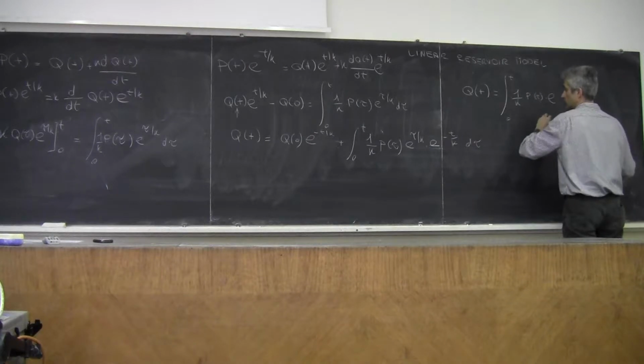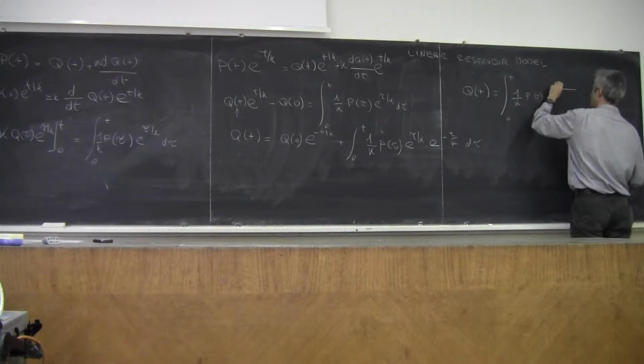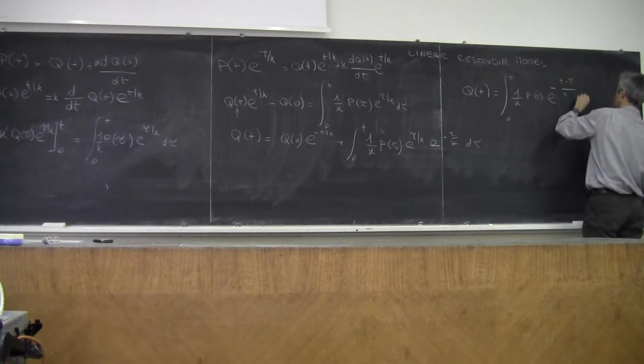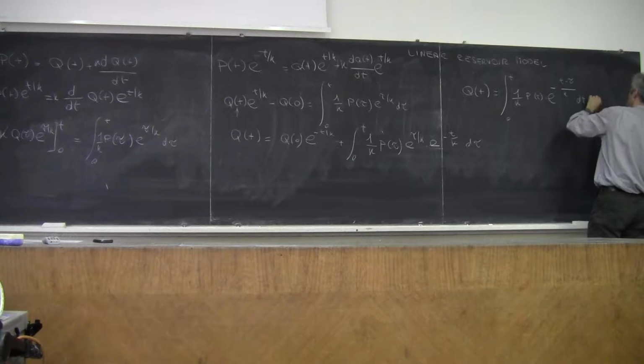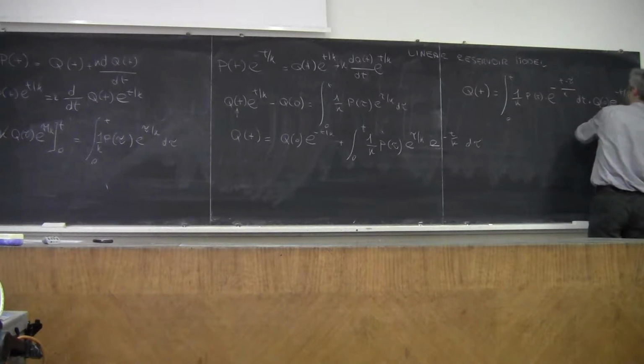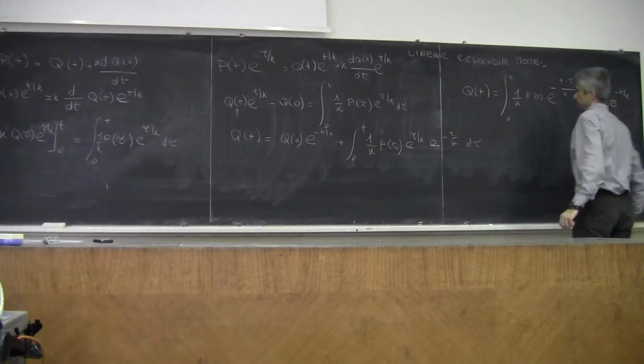e to the power of minus (t minus tau) over k d tau plus Q0 e to the power of minus t over k. Okay.